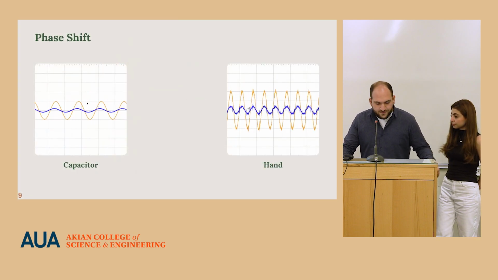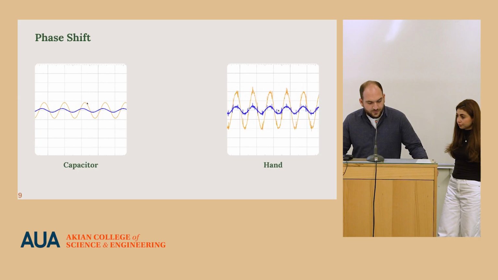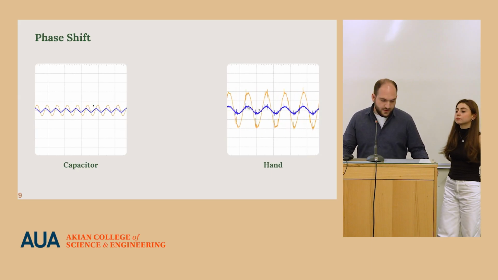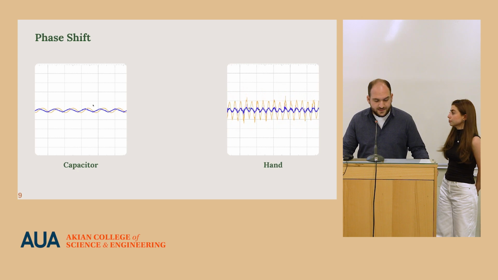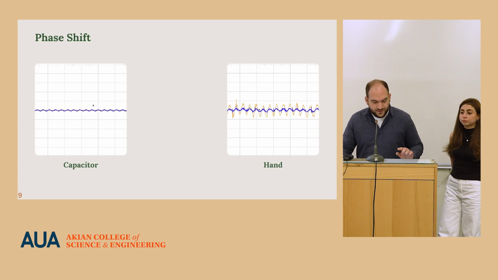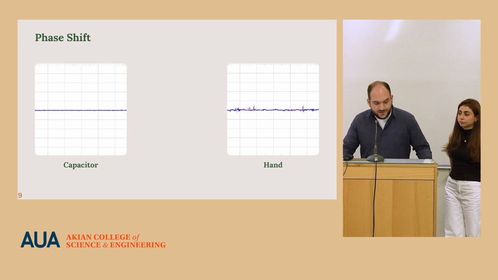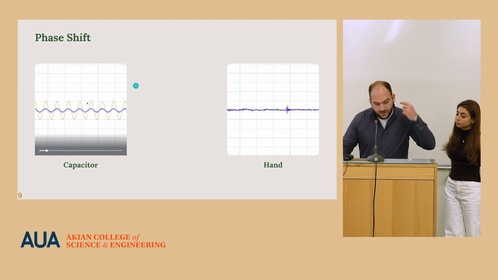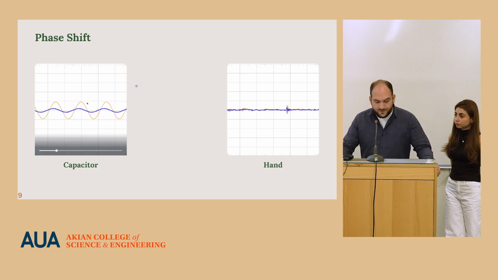Here, to confirm the correctness of our measurement method, we connected a capacitor to our system, on the left side, and you can see that as we increase the frequency, the delay between current and voltage becomes more visible.